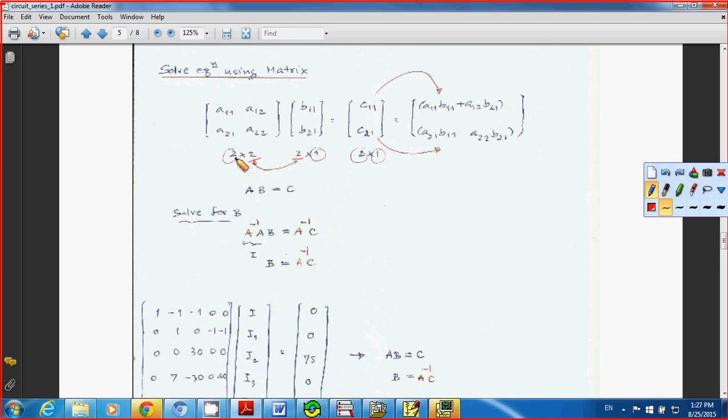In this case, 2 comes from the number of rows of the first matrix, and 1 comes from the number of columns of the second matrix.